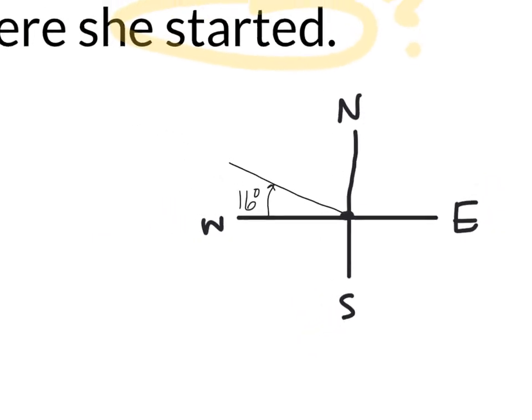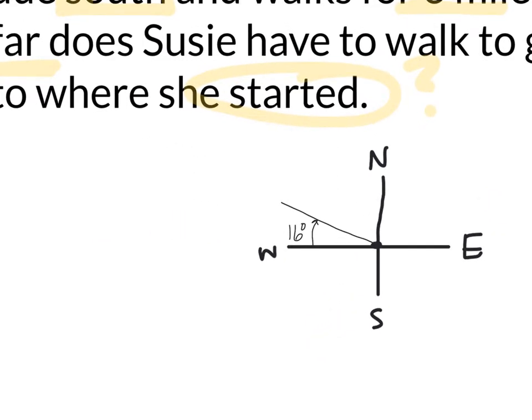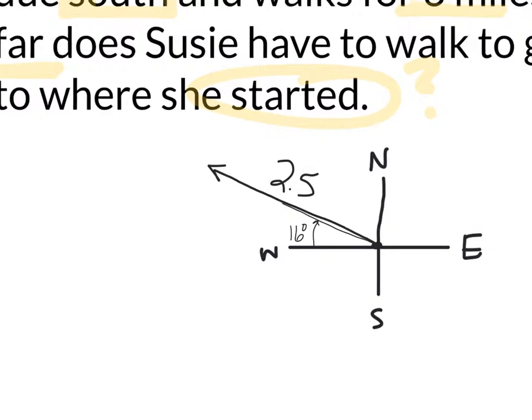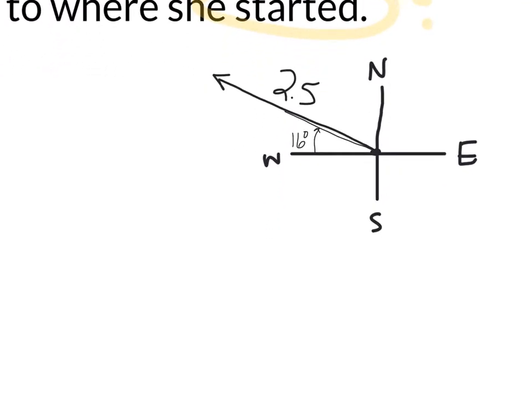West 16 degrees north means looking to the west, she turns 16 degrees towards north and walks for 2.5 miles. And then she walks 6 miles due south, so straight down 6 miles. The length of this line doesn't matter, but in comparison, if this one were a 2.5 mile long line, then this one should be longer.